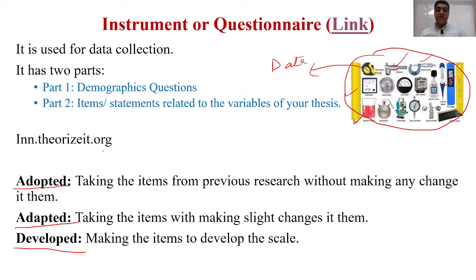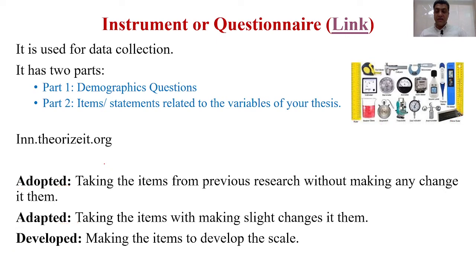The same is done with the social science research or management science research, that you take instruments or the items from other people. Now the difference is that if you're taking the same items in the same sense and you do not make any change in them, and you want to use them in your research for data collection, that is going to be your adopted questionnaire or adopted scale, which means taking the items from previous research without making any changes.